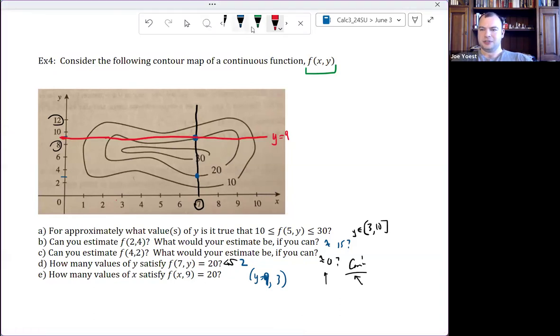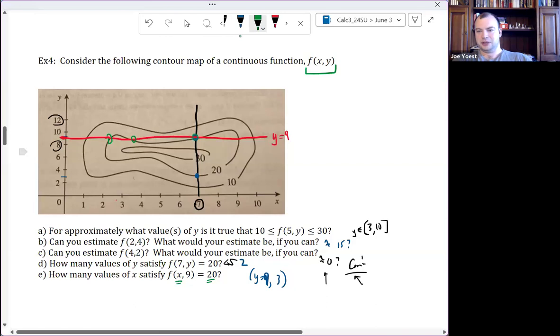I'm asking when is the output for a given input x equal to 20? Well, remember this 20 level curve is the one in the middle here. So 1, 2, 3, 4 maybe. It looks like there are 4 values of x that satisfy f of x comma 9 equals 20.